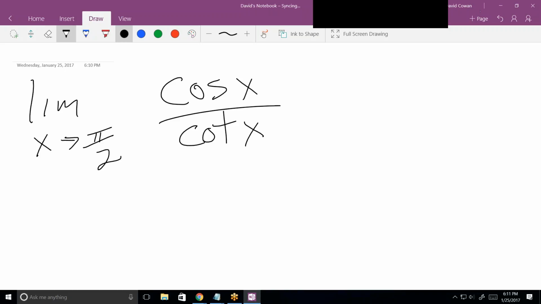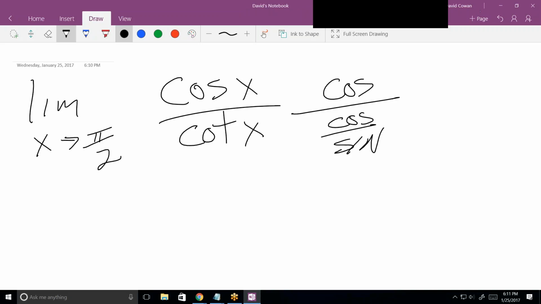So what should I do to this? Change cotangent to cosine over sine. So cosine over sine, flip and multiply gives me sine, right? Because things cancel. So it's the sine of x as x goes to pi over 2.